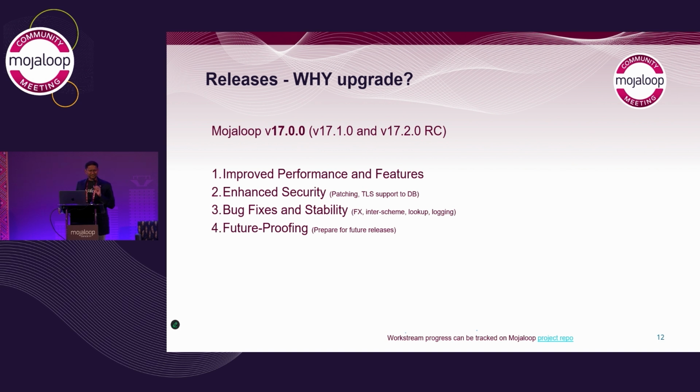We've noticed that as part of our performance testing, Mojaloop version 17.20 release candidate is the one we are using for performance testing right now. And there are some changes to some of the components and adapters. For example, for those of you who know the SDK scheme adapter, which helps DFSPs or banks, mobile wallet providers connect to Mojaloop more easily and simply.